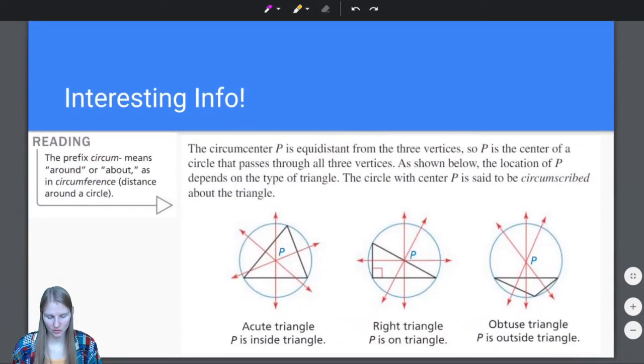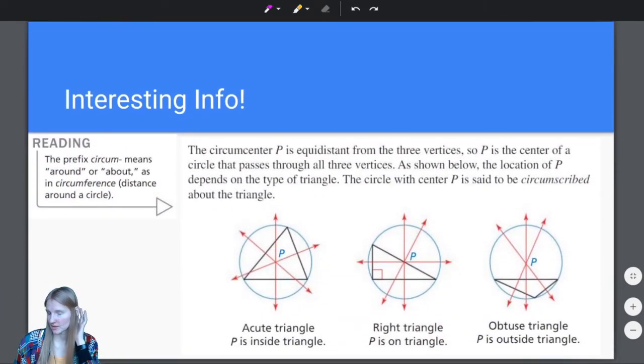Now, some very interesting information about the circumcenter. The circumcenter is not always inside of the triangle. You would think that it would always be in the triangle, but it's only sometimes.